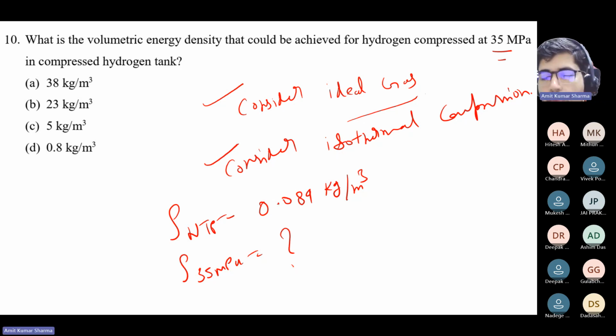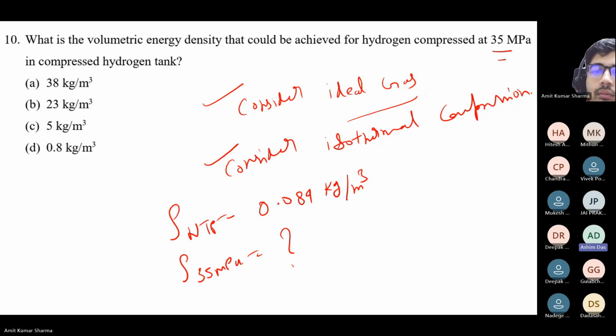So how did you calculate this? Okay, sir, I considered that PV equal to mRT. So P equal to m by V, because T is constant, the isothermal process. So m by V is the density.